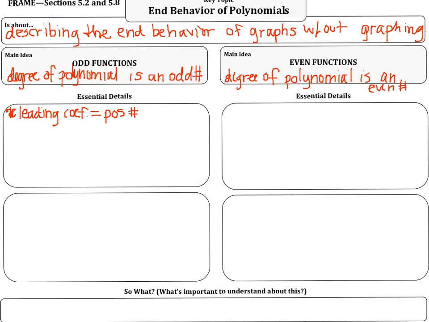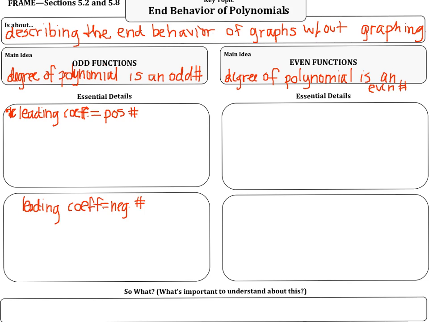Our leading coefficient is 6, so that's a positive number. We could also have our leading coefficient equal a negative number. So you could have your leading coefficient be a positive number or a negative number. This is the difference that we're looking for in odd functions.